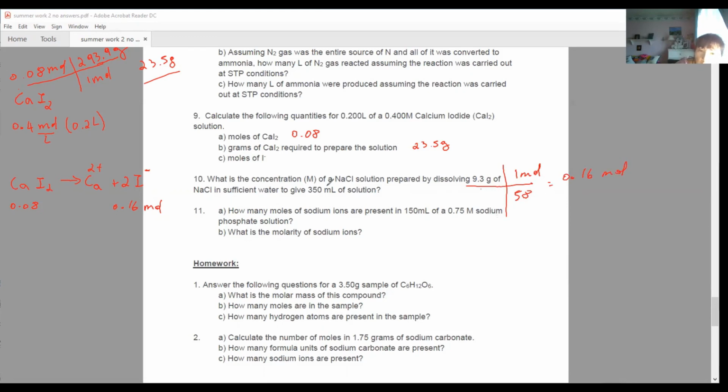We want the concentration. That's why I know that we need moles and we need liters. So insufficient water to give this many liters. So the molarity is 0.16 moles divided by 0.35 liters, and it is 0.46 molarity, moles per liter.